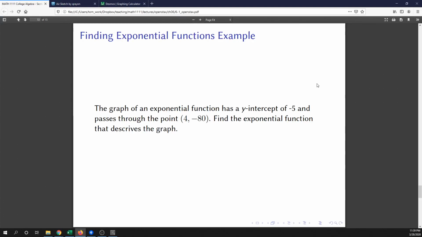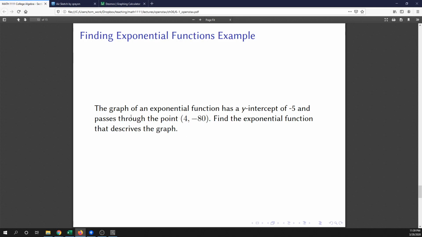All right. The next type of problem is finding the exponential function given some information about it.